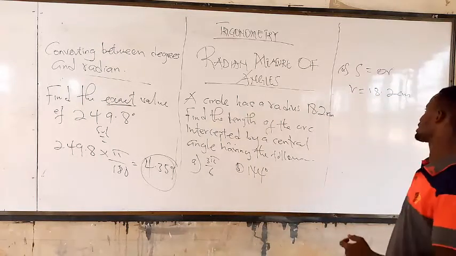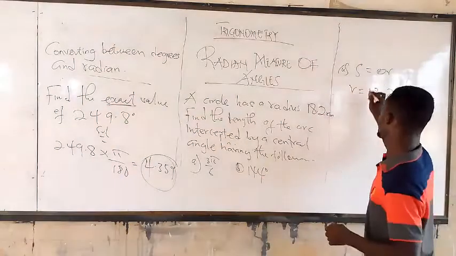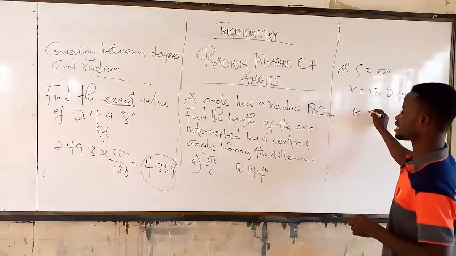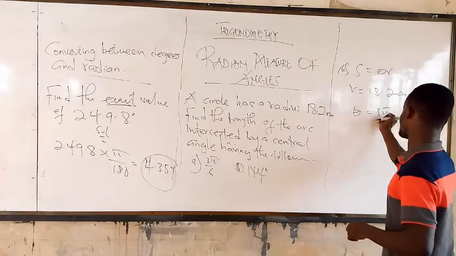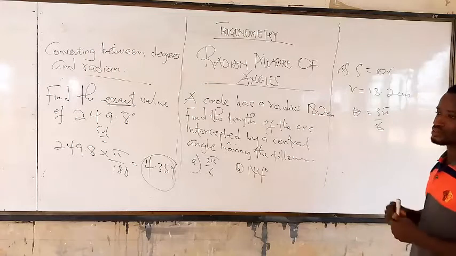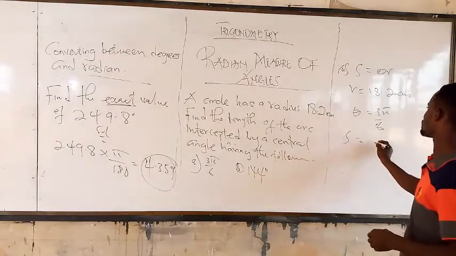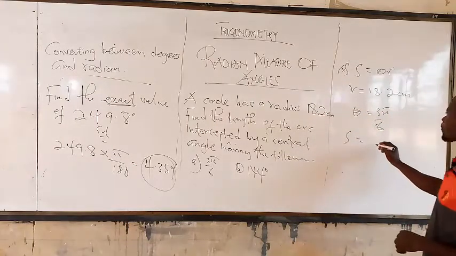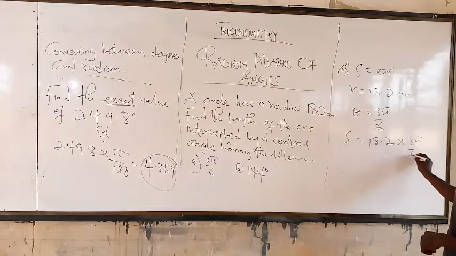That means that now this A given you here is representing the theta, which is 3 pi over 6. That is representing the radian. Alright. So to get the arc length, you just multiply 18.2 by 3 pi over 6.